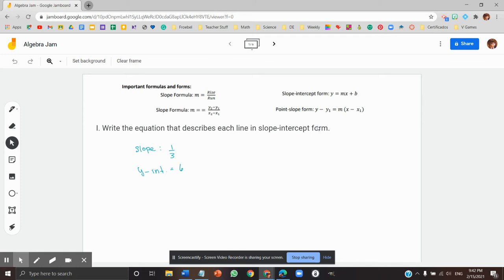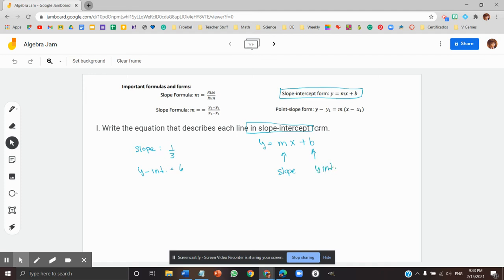But you have to first remember what they are asking us in the instructions. They're asking us to write the equation in slope-intercept form. And that form is this one right here. It has to look like y equals mx plus b, where you know that m is your slope and b your y-intercept.